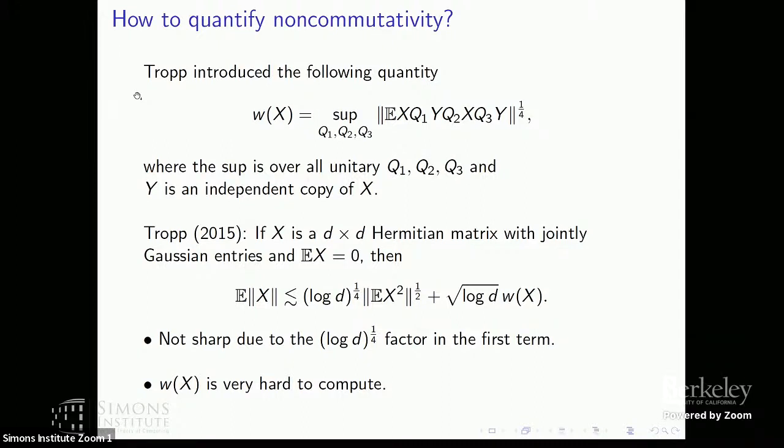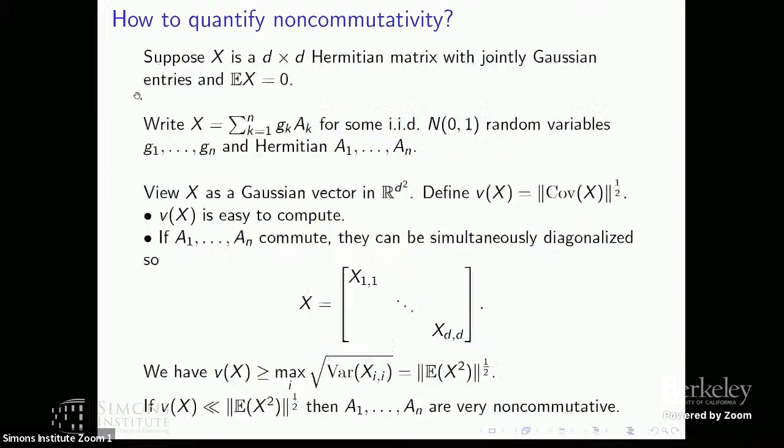For general matrices, it might not even be possible to compute Wx. Anyway, Tropp made the first attempt in this direction. He tried to remove the square log D in the first factor and then add a second order term that measures non-commutativity. All right, so we're going to use another approach.